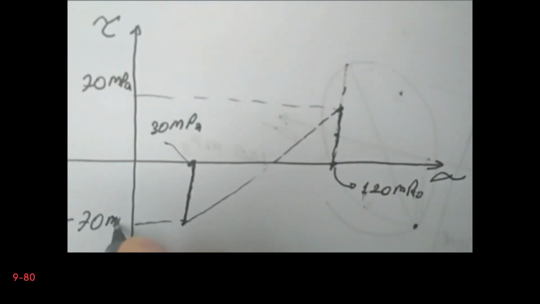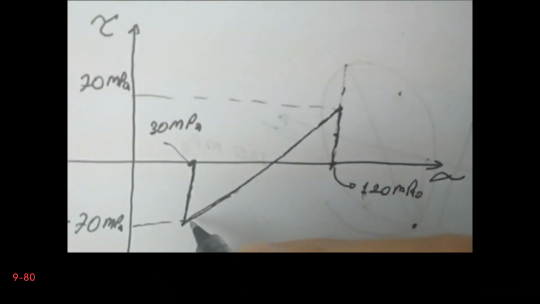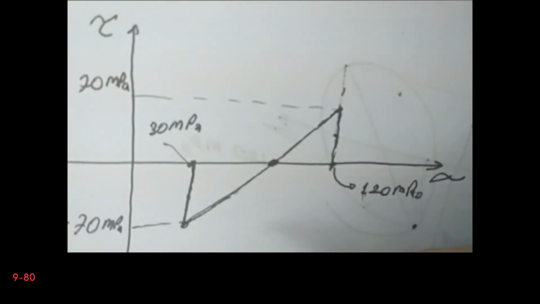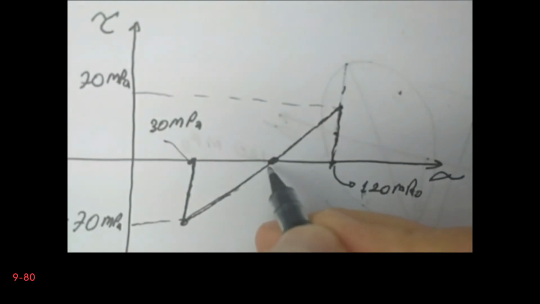And next we draw a line which connects these 2 end points. Now we are going to draw a circle which has a center at this point and passes through this point and this point.